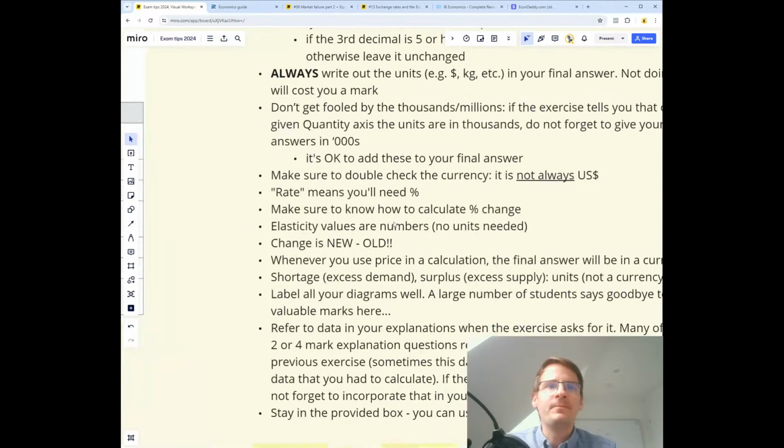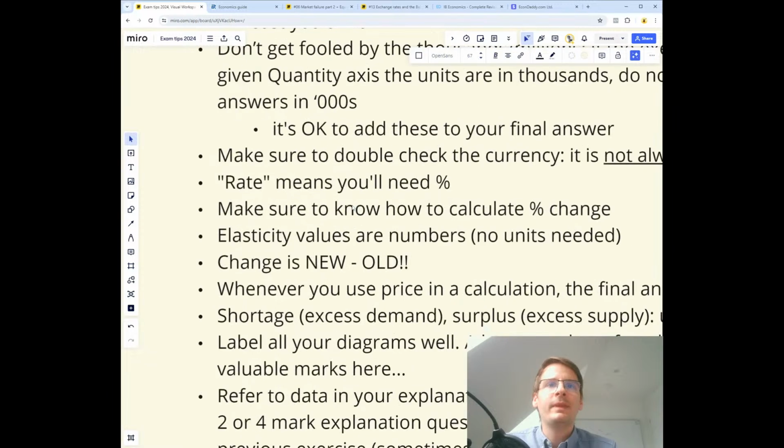Okay, going on. Elasticity values are numbers. There are no units needed, okay? So PED, PES, or YED values are just numbers. Change is always new minus old. Many times the question will ask you to calculate the change, let's say in consumer expenditure, okay? They don't say whether it's a decrease or an increase.